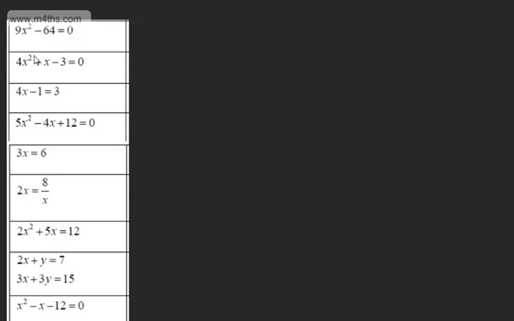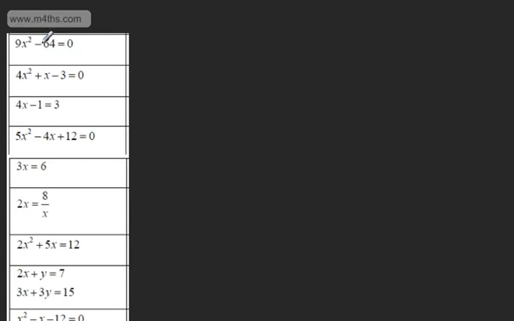Okay, this one here, 9x squared minus 64 is equal to 0. Another quadratic equation. Again, the general approach for this one would be to add now the 64 to both sides. So if we do that, what we're going to have now is 9x squared is equal to 64.